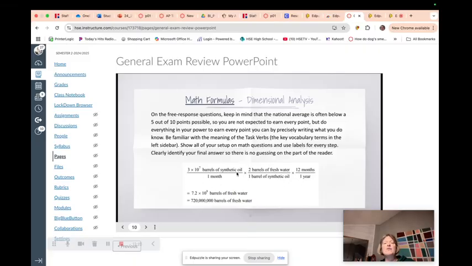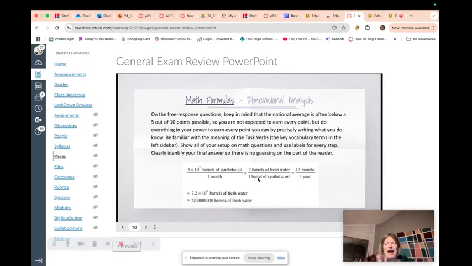Okay, so here now, I forgot. With dimensional analysis, you do need to put in labels here so that you're showing that you understand what you're canceling out. So if it's just a standard math problem, you don't necessarily have to have units, but for dimensional analysis, you do, because you need to show that you're crossing things out and you need to represent where you got those numbers from.